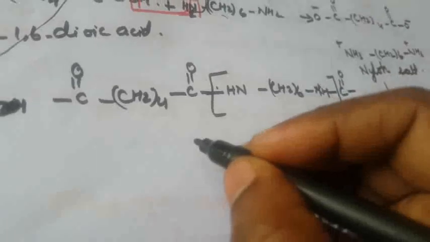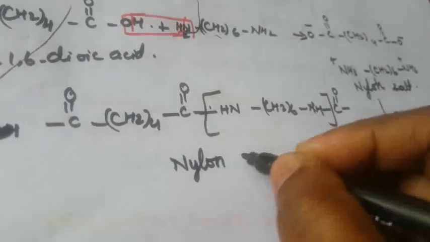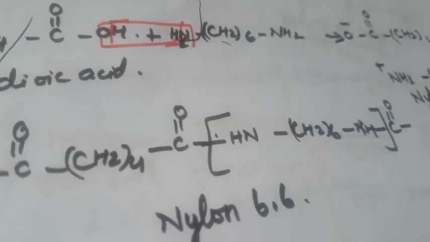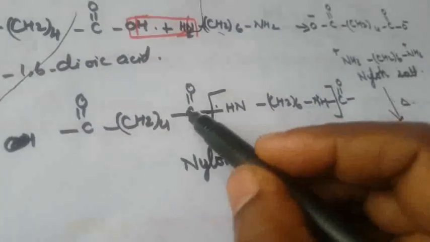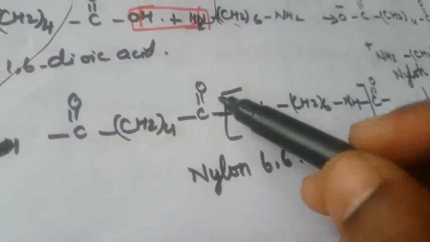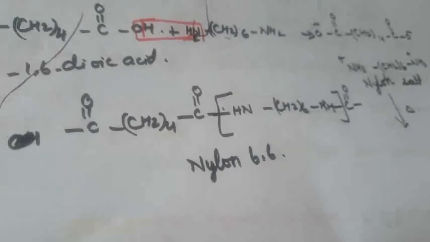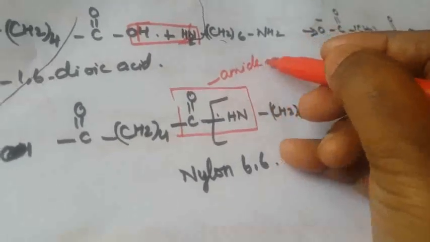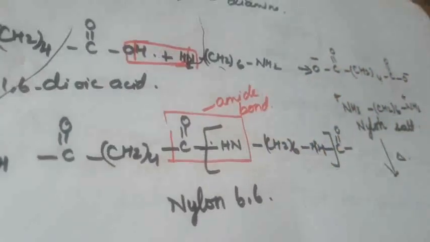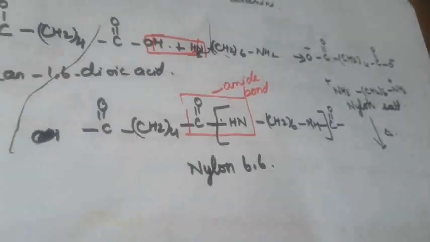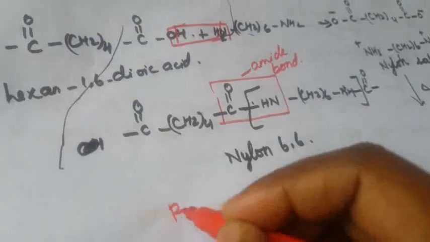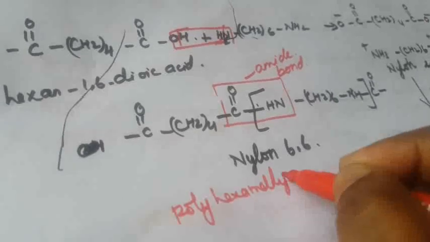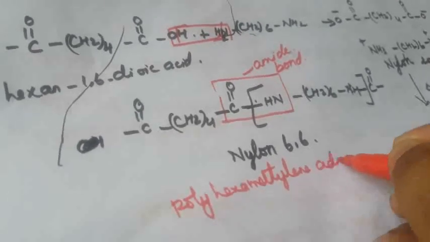So this is called nylon 6,6. What is this compound? Polyhexamethylene adipamide. That is the CONH, the amide bond. What is an amide bond? This is the amide bond, CONH. This is nylon 6,6, otherwise called polyhexamethylene adipamide.